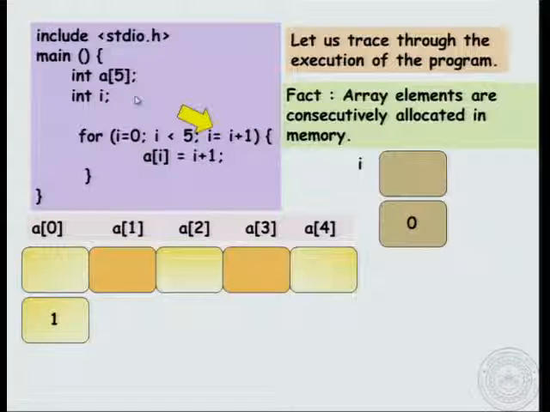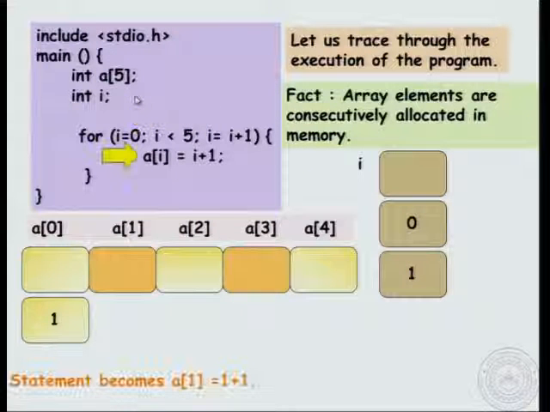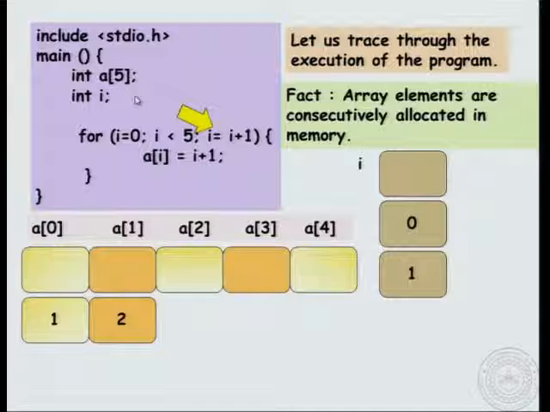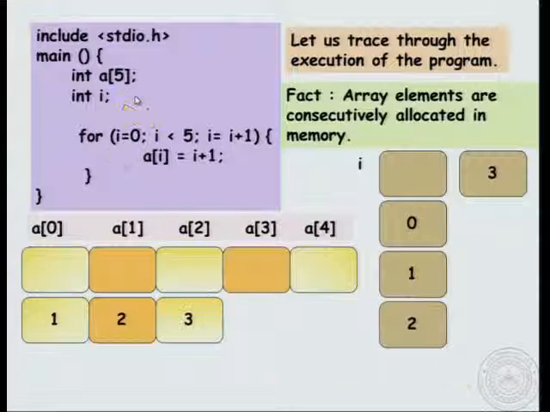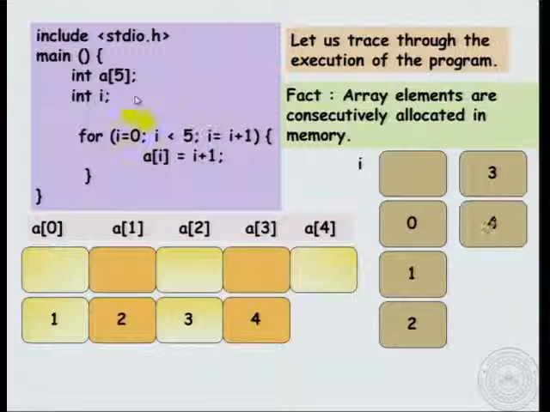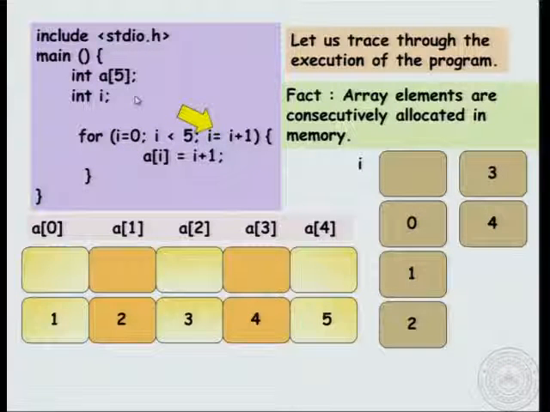So a[0] will be 1, then we update i. So this statement becomes a[1] equal to 1 plus 1, which is 2. Then we execute it. a[2] becomes 3, a[3] becomes 4, and a[4] becomes 5.